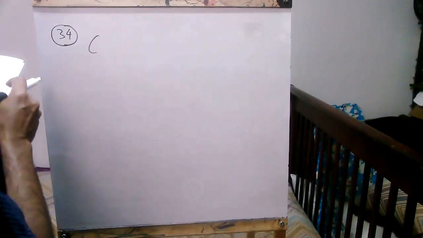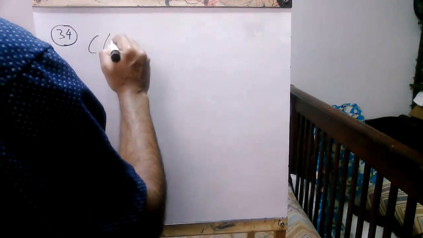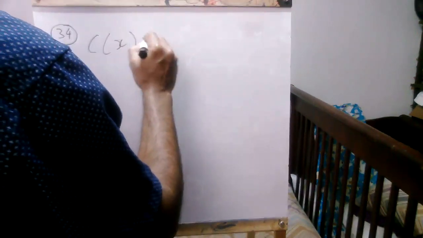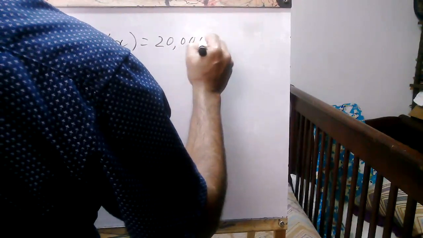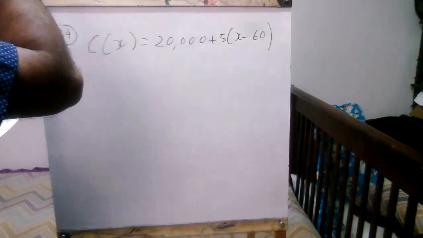The cost, capital C, of producing x items is given by C(x) equals this equation minus 60 squared.